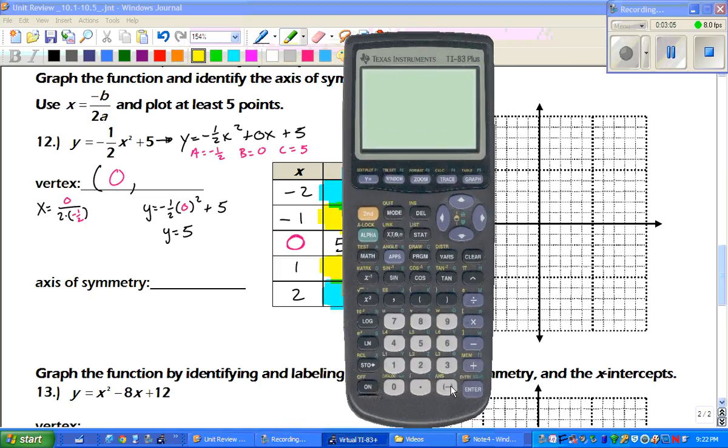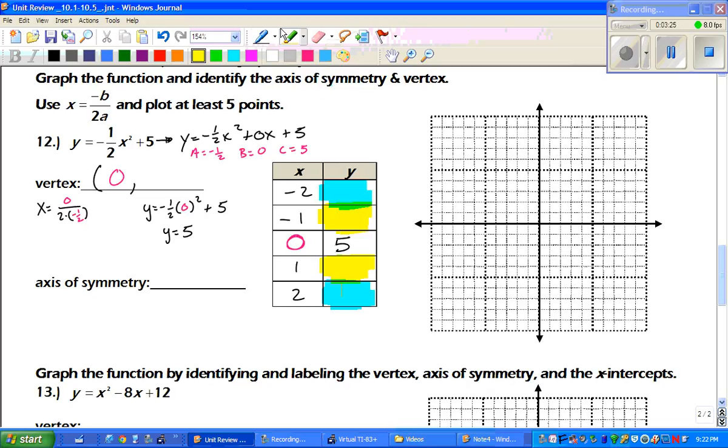So y equals negative 1/2 times negative 1 squared plus 5. Okay, and when we do that, we get 4.5. So both of those are going to be 4.5.